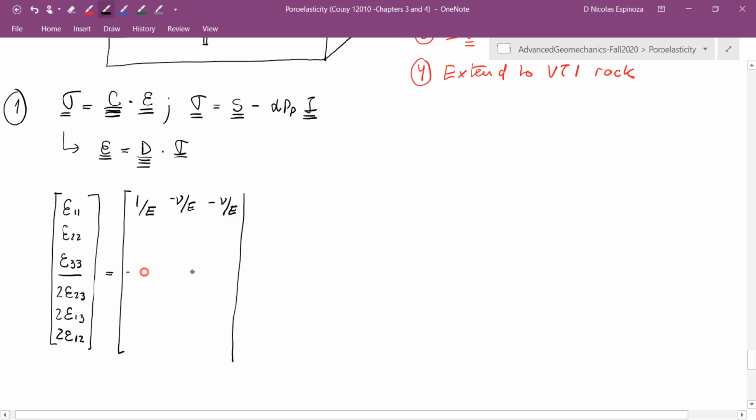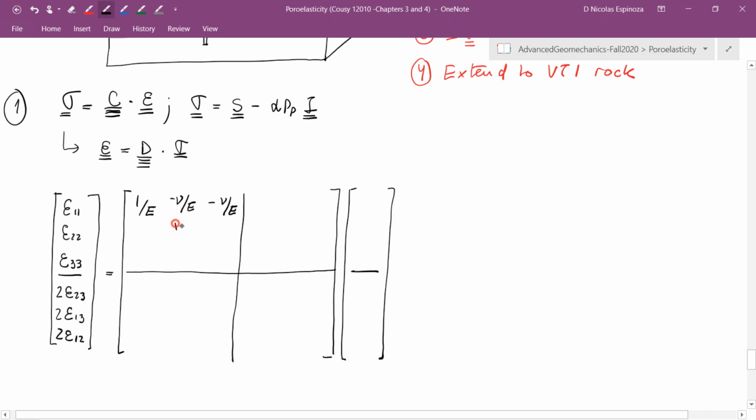Let me separate here these submatrices and complete here writing my other vector on the right. I know this is going to be 1 over E, 1 over E, and this matrix is going to be zeros. Let me complete the off diagonal terms, and here I'm going to have 1 over G, where G is a function of the Young modulus and the Poisson ratio, and these are zeros.